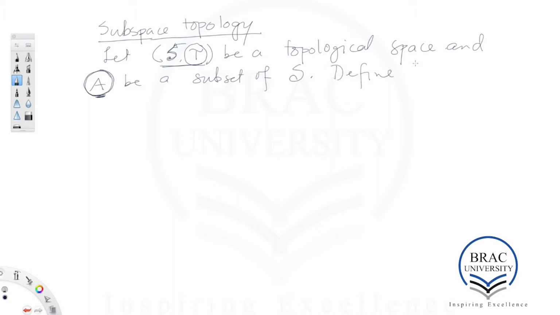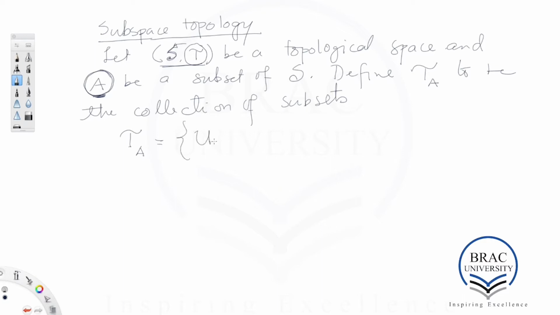Define tau A to be the collection of subsets, meaning that we are looking for a collection of subsets of A, that is denoted by tau A, and this is given by the intersection of U and A such that U belongs to tau.